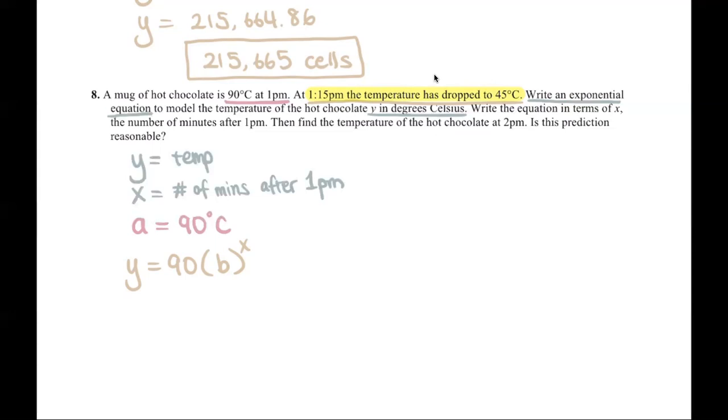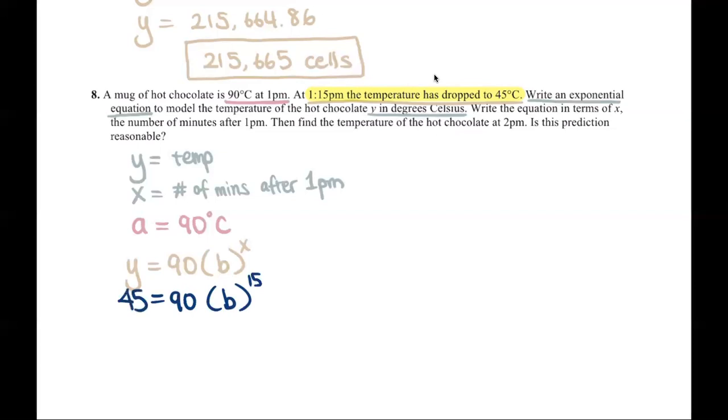If they're saying it's at 1:15, what is x? How many minutes after 1 p.m. is that? 15. Yeah, 15, exactly. So let's plug in 15. And then what is y? 45. There you go.